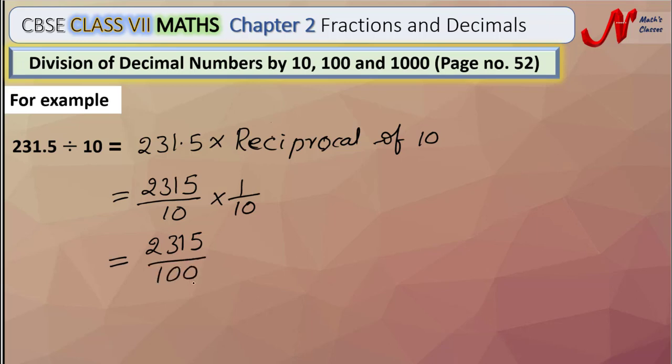In the denominator we have 2 zeros, so in the final result we keep the decimal point from right to left after 2 digits, so we get 23.15. Therefore we can write 231.5 divided by 10 is equal to 23.15.